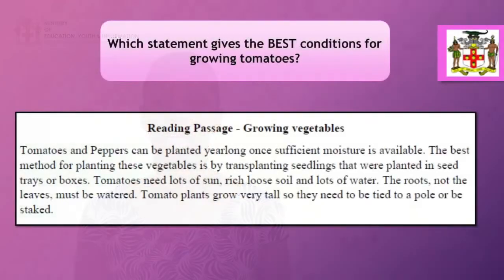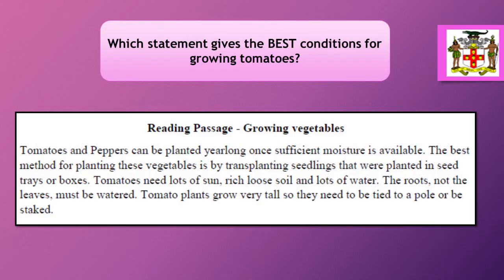The question that is asked: which statement gives the best conditions for growing tomatoes? So, to answer this question, it's important to look at the passage again. We're looking for the best conditions. Is it that they should be transplanted? Is that a condition? No, that doesn't sound like a condition.